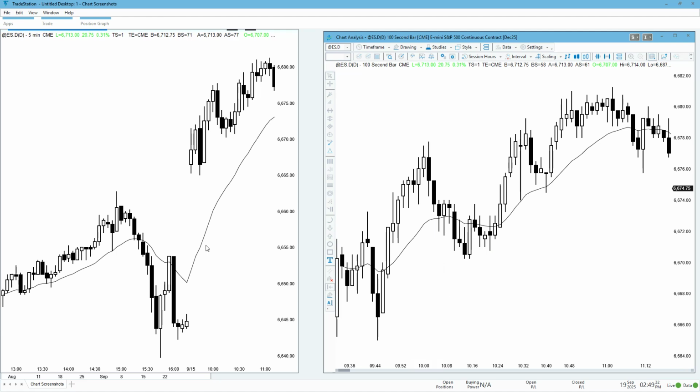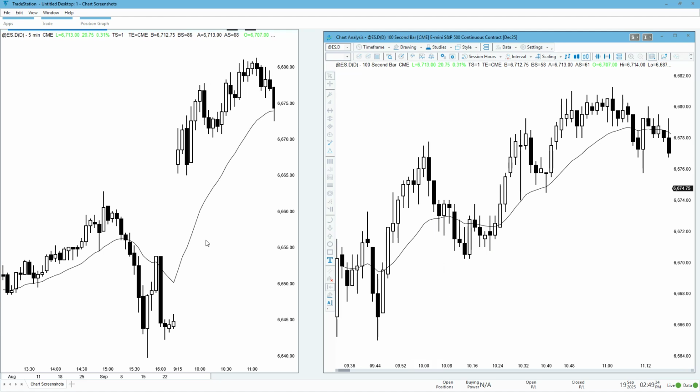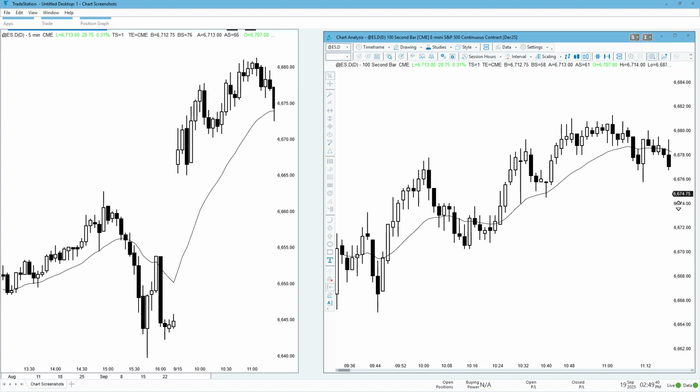So here's the rally. This is the 5-minute chart on the left, 100-second chart on the right. If you look at the chart on the right, there's a couple things I want to talk about.